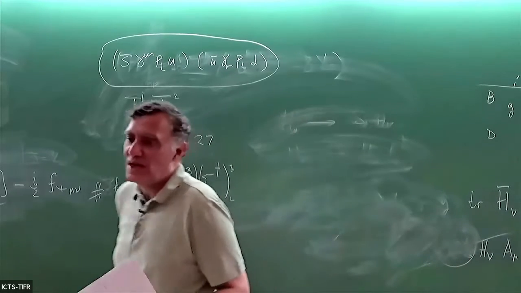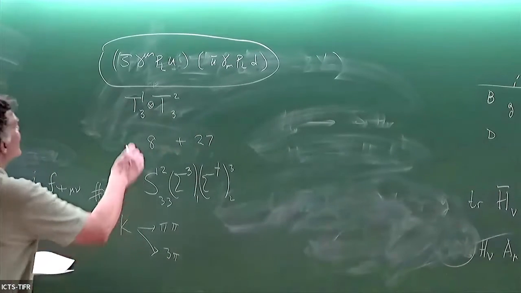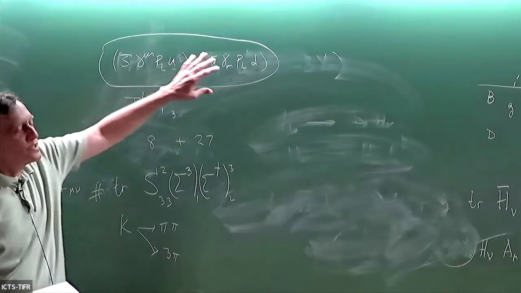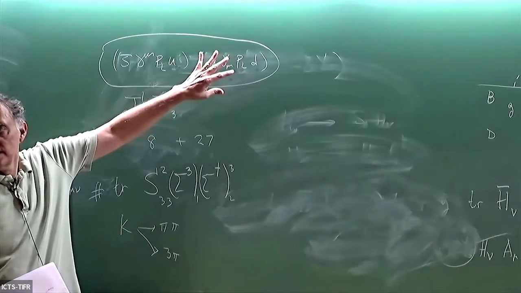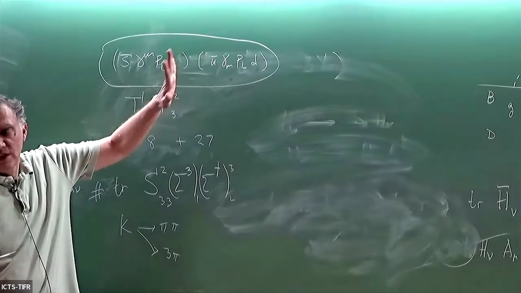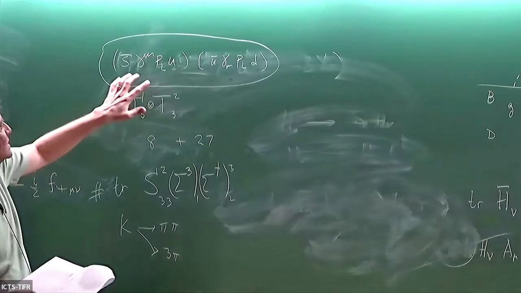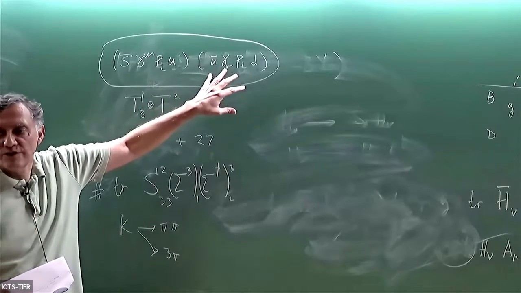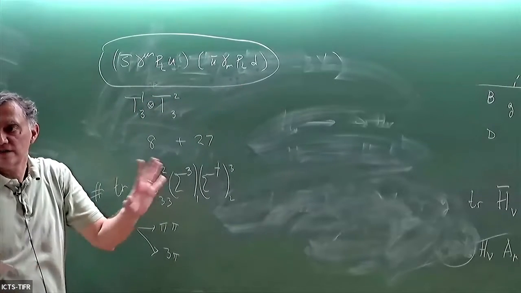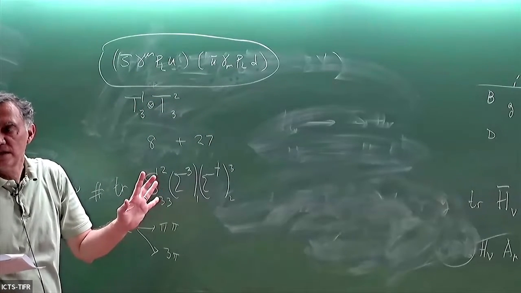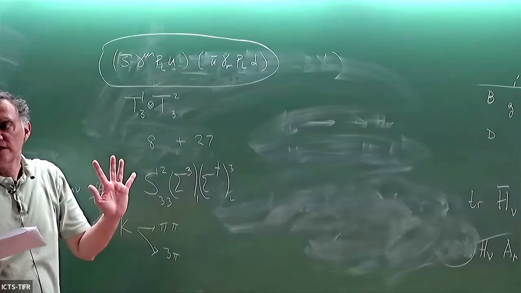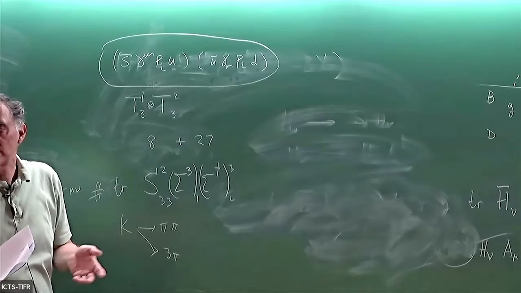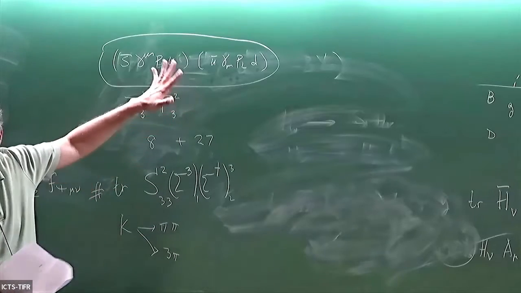This is a product of two currents, so you could replace each of these by the chiral currents. It's just not true. It's garbage, because the gluons in here interact with the gluons in here. This is a composite four-fermion operator, not the product of two separate two-fermion operators. That's called the vacuum approximation, and maybe in the 60s when you didn't know what better to do, you could do that. But it's just wrong.